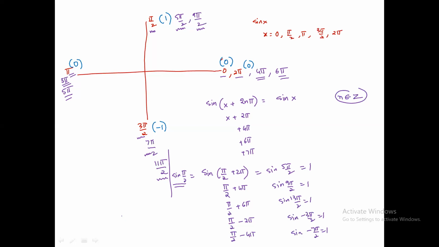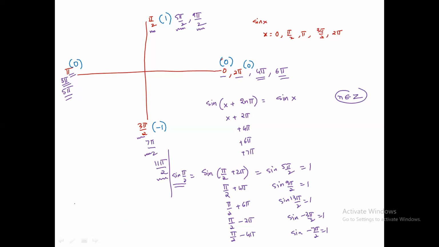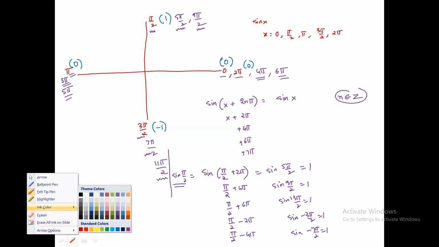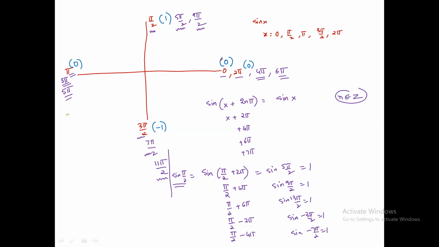Okay. Now I will take for cos. Before that, I want to tell you one more thing. One more thing you have noticed here, sine 0 is 0, sine pi is 0, sine 2 pi is 0, sine 3 pi is 0, sine 4 pi is 0.